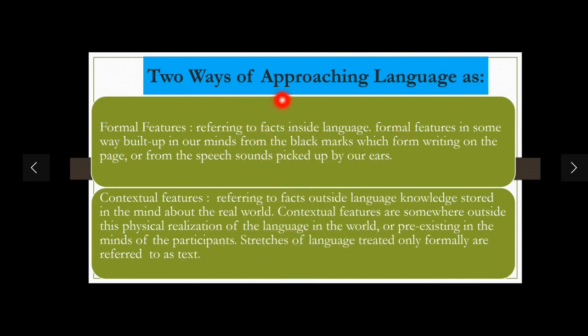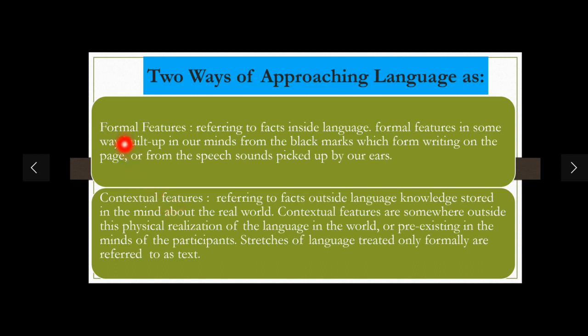There are two ways of approaching language: first, the approach of formal features, and second, the approach of contextual features. Remember, formal features are those features which are inside the language, and contextual features are those which are outside of the language. So formal features deal with cohesion in discourse, and contextual features deal with coherence in discourse.